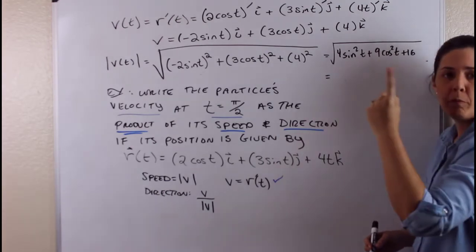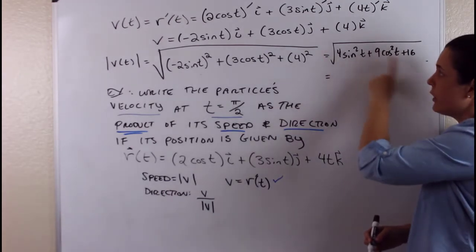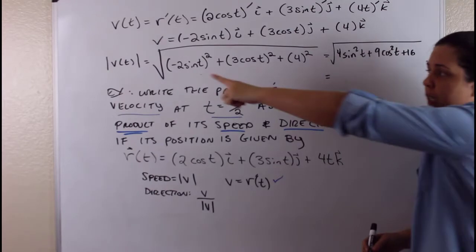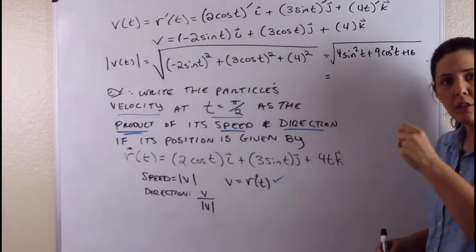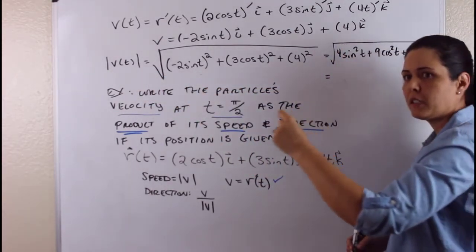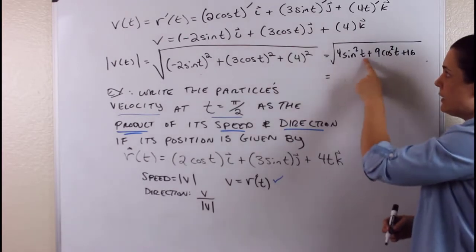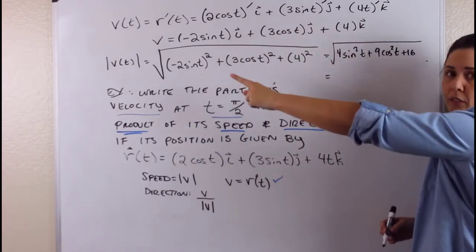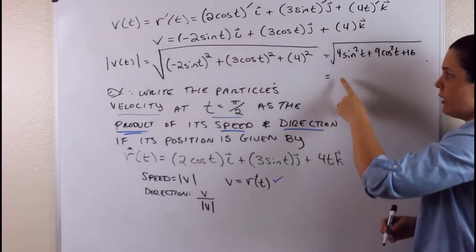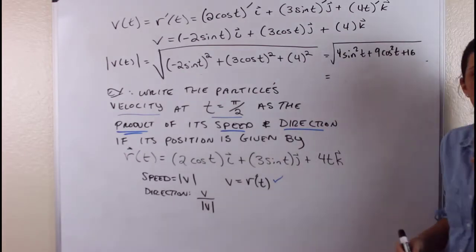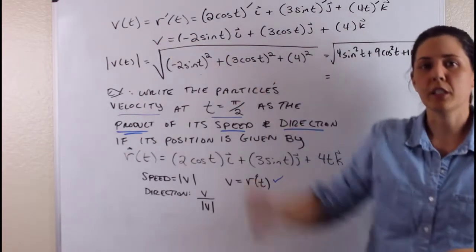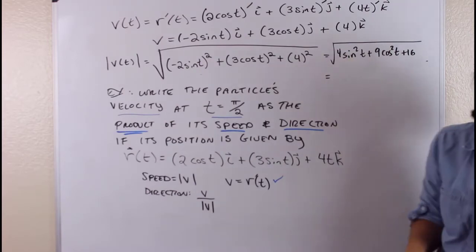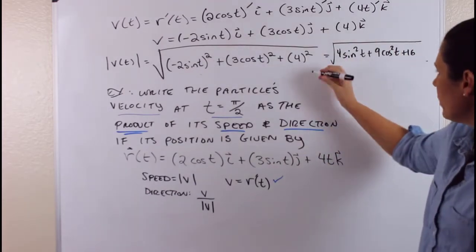If t was no longer here, then your speed would be constant, and your particle or object would be traveling at a constant speed. Because t is still present in this formula for speed, it's going to change. The speed of your particle changes depending on what t you plug in.